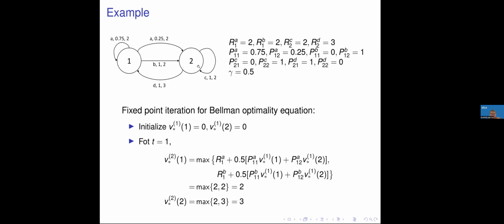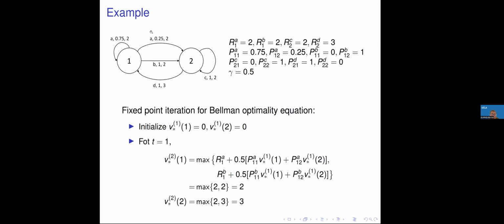At state 2, if the agent takes action C, with probability 1 it will remain at state 2, receiving reward 2. If the agent takes action D, it will deterministically transit to state 1, receiving reward 3.